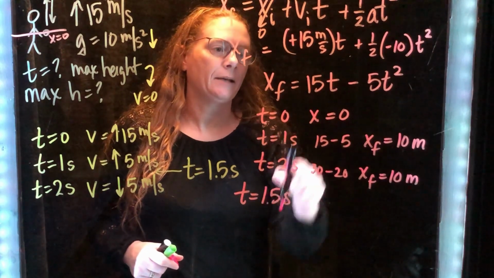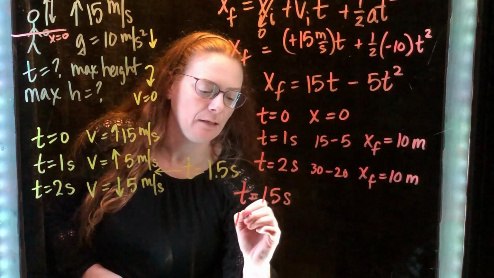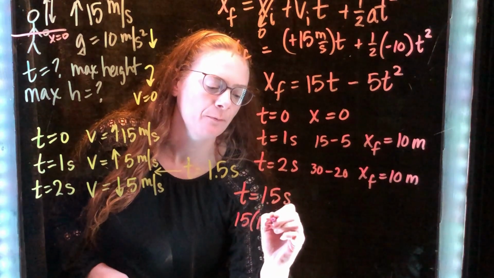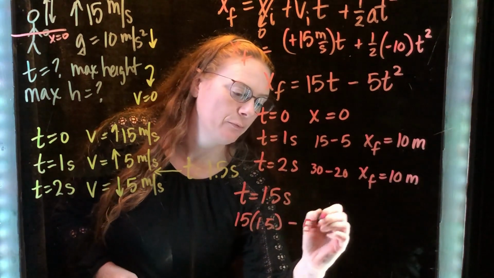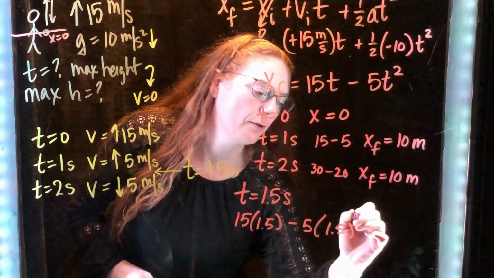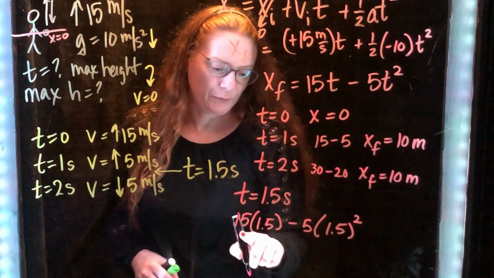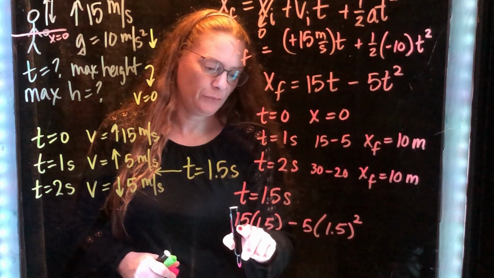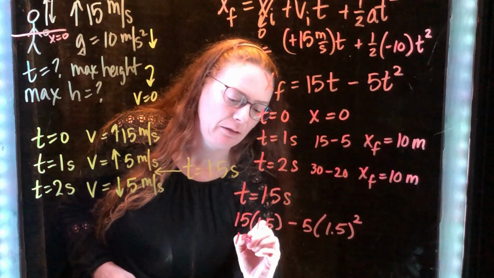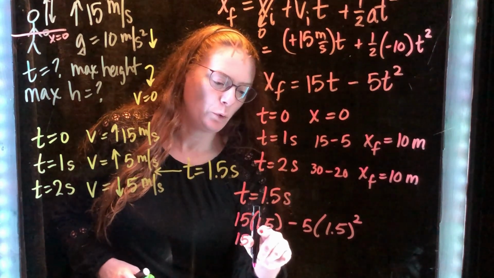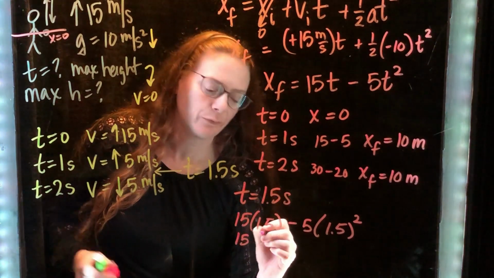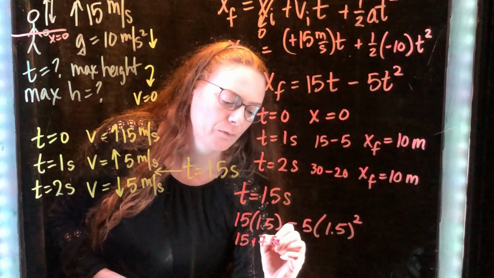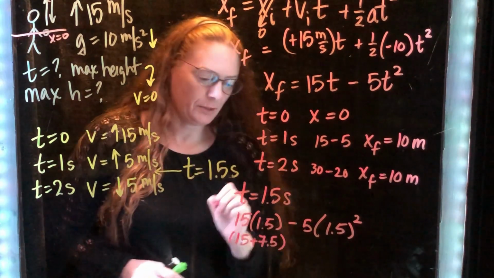So 1.5 seconds, we're going to pop it in here. So 15 times 1.5 minus 5 times 1.5 squared. Okay, 15 times 1.5. Well, 15 times 1 is 15. 15 times 0.5, a half of 15 is 7.5. So that part is 15 plus 7.5.